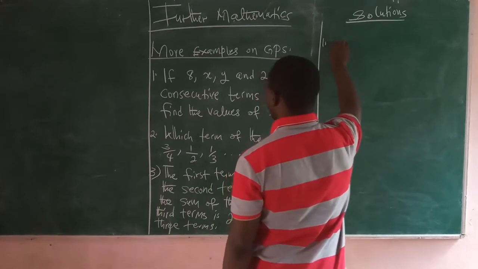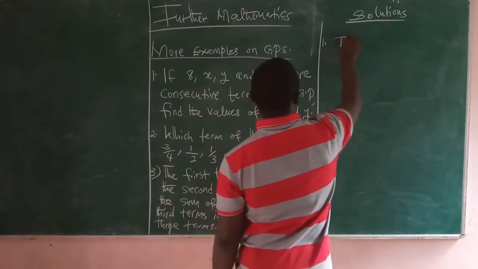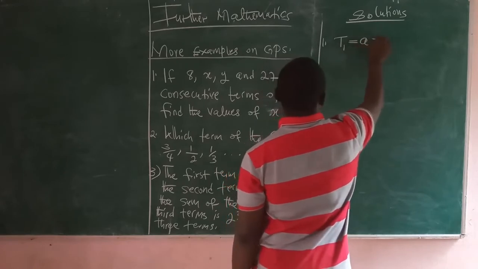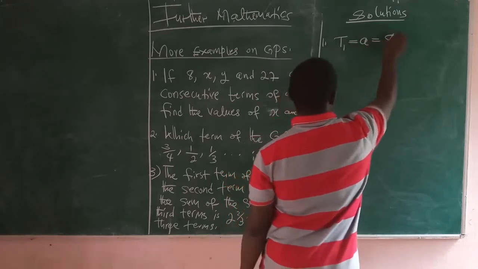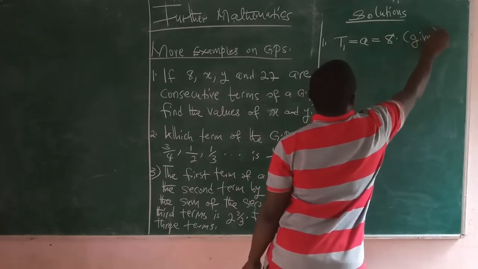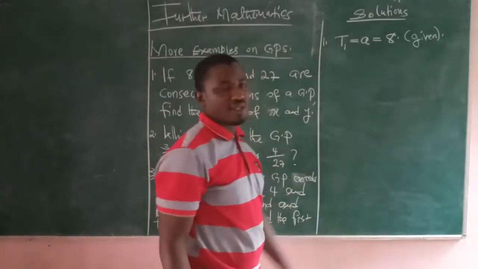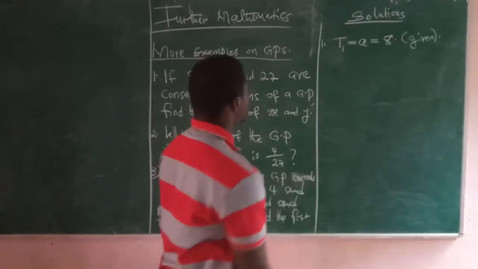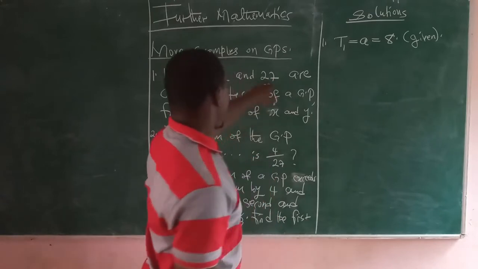So the first thing I will say here, T1 is always a, which is equal to what? 8. This one is given. See, this is simple. Then T2. What is also given?